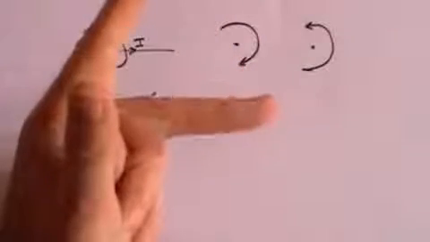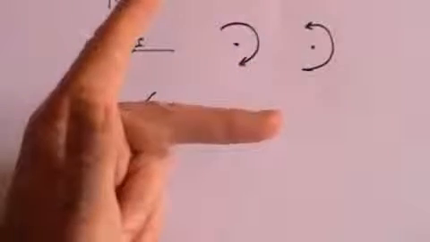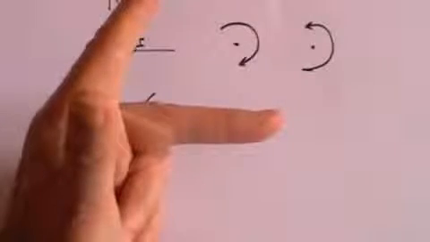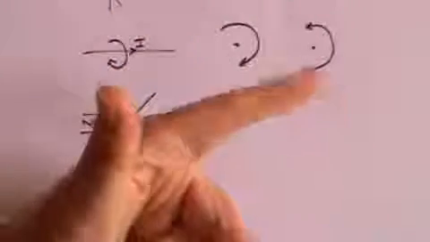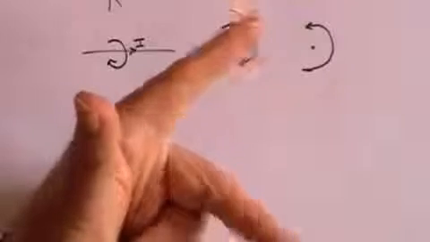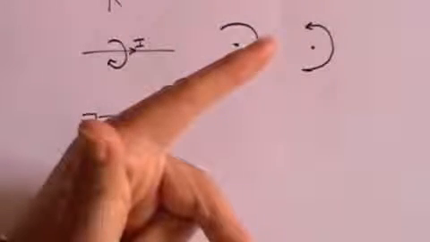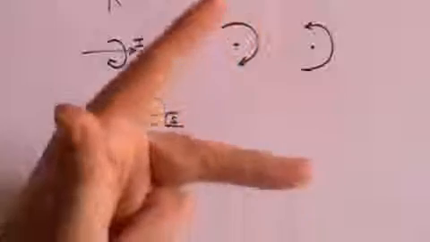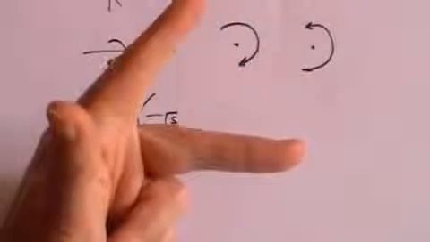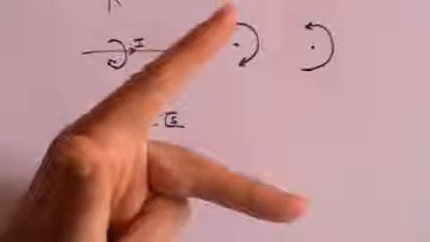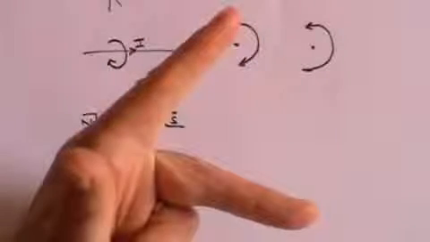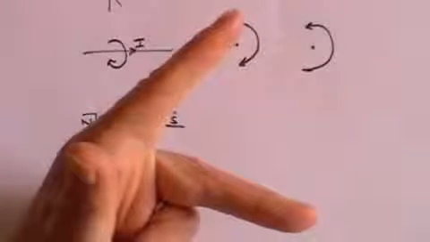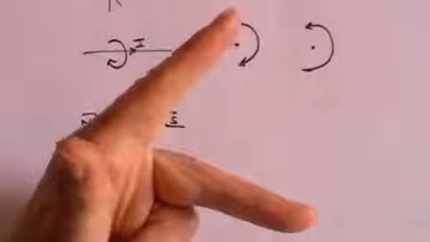Your second finger is the current. So thumb motion, first finger field, and second finger current. And now if you line those up, you will find out in which direction the motion will be.